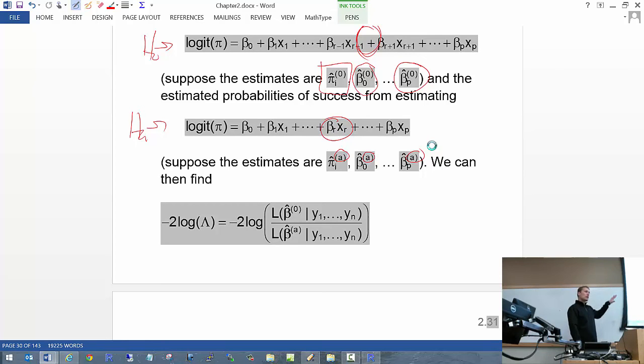Then our negative 2 log lambda, remember we take that little transformation of lambda so we can use a chi-square distribution with it. Negative 2 log lambda looks like this, where this beta hat, and that is actually a bolded beta hat with a superscript 0, indicates that's a vector of all my beta hats together. Just a simple notational way to combine everything. And my beta hat with an A, and that is a bold beta there, again means the same thing, but now for the beta hats from our alternative hypothesis model.